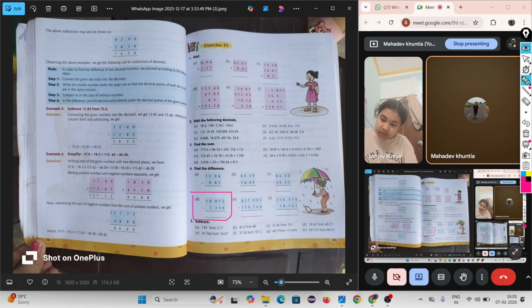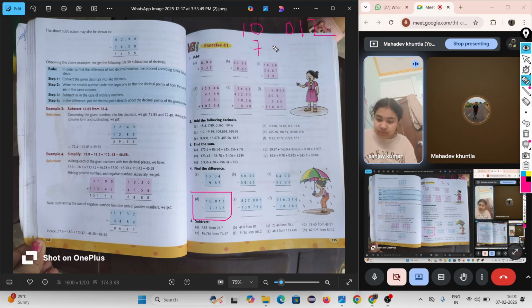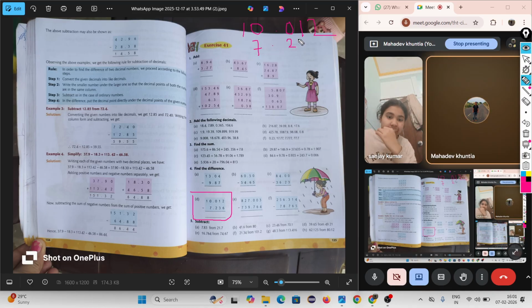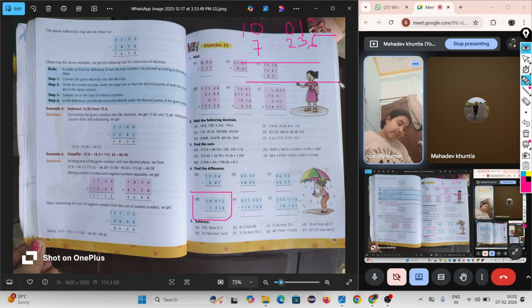Yes. You have to subtract 7.236 from 10.012. Quickly subtract and tell me the result. Question number 4D. Yes, question number 4D.